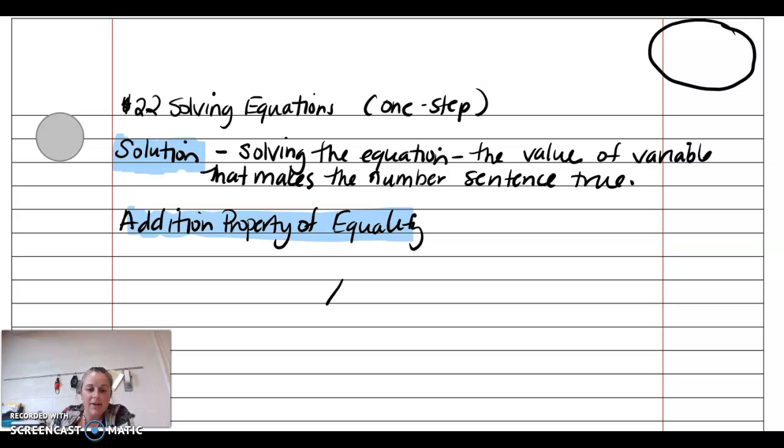I kind of like to think of the addition property of equality as a seesaw or a teeter-totter. Let's say you have a 75-pound kid on one side, and then you have a 70-pound kid and their 5-pound cat. Right now, the balance is balanced because there are equal weights on both sides. But as soon as your 5-pound cat jumps off on this side, it becomes lighter over here.